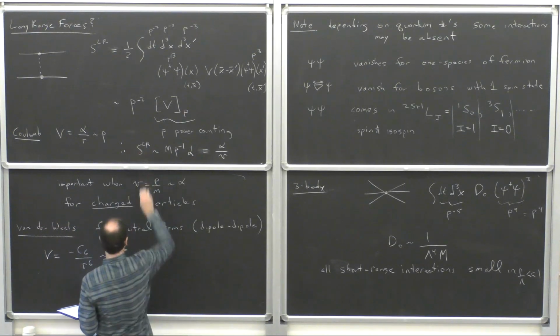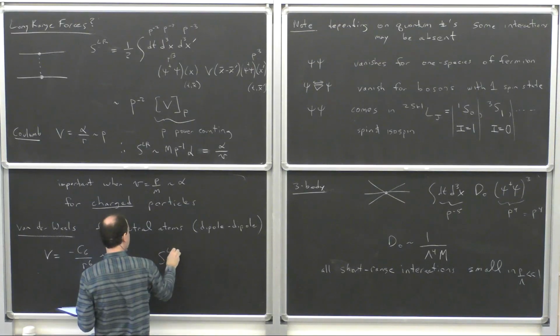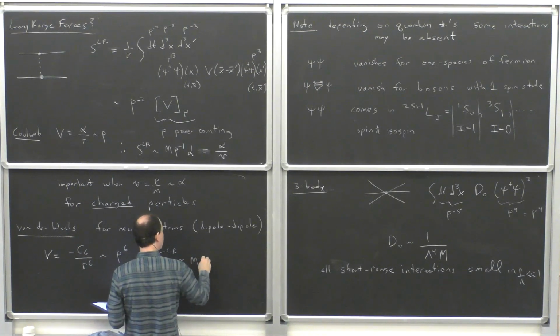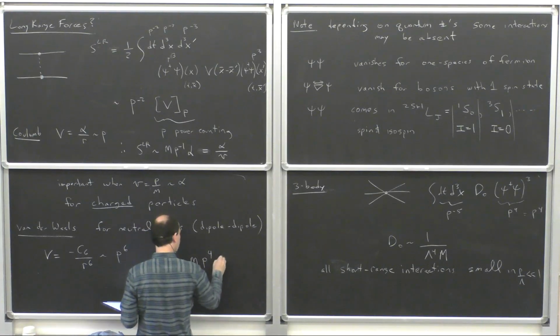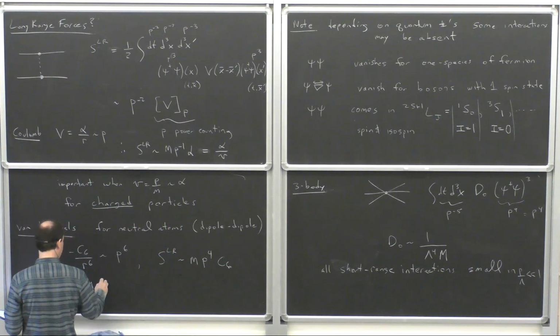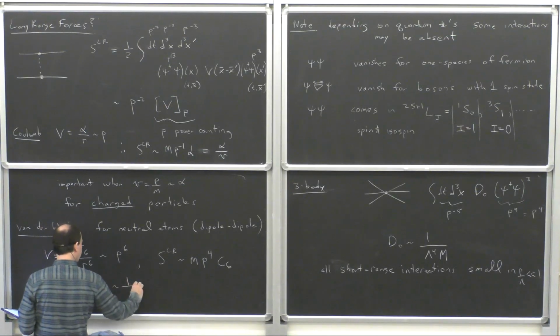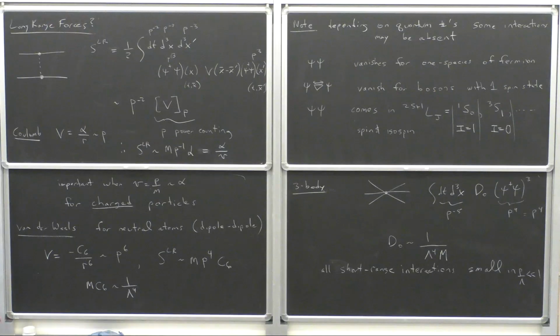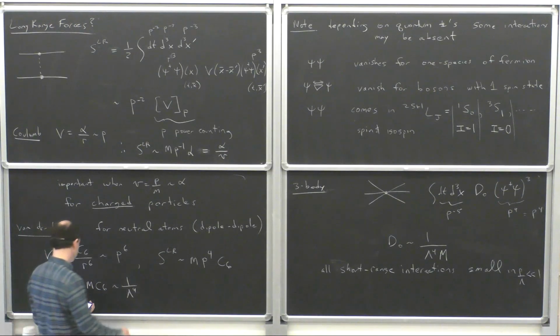Up here, to get the action for this long-range force, we subtract 2. There's still an m. So it's m p to the 4 times c6. And therefore, we can determine that m times c6 goes like 1 over lambda to the 4, where lambda would be some scale characteristic of the dipole of the atom related to the van der Waals.